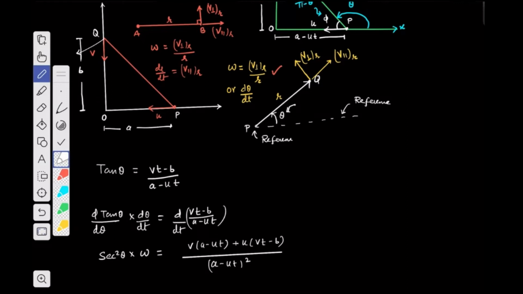So what we get is, simplify this thing everyone. Omega into secant square theta equals AV minus BU by (A minus UT) square.